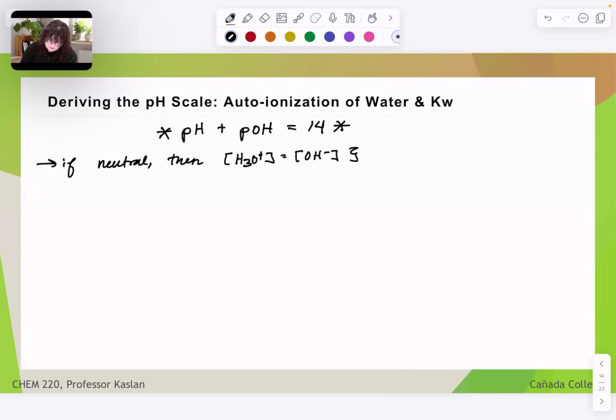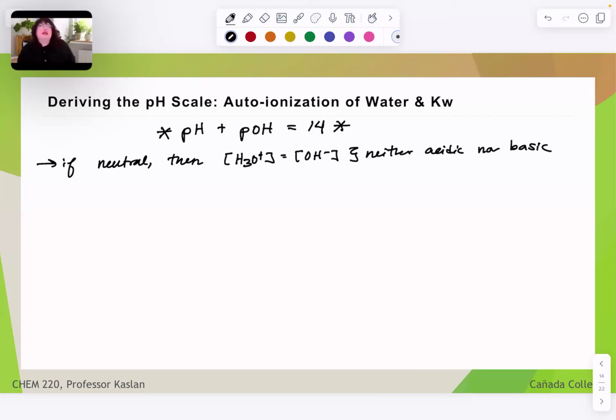This is what it means to be neither acidic nor basic. And if you think about a substance that perhaps has H plus and OH, or acid and base particles involved in it, the one that you might think of is water.